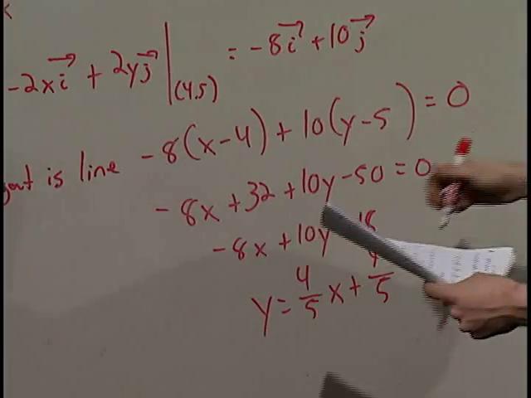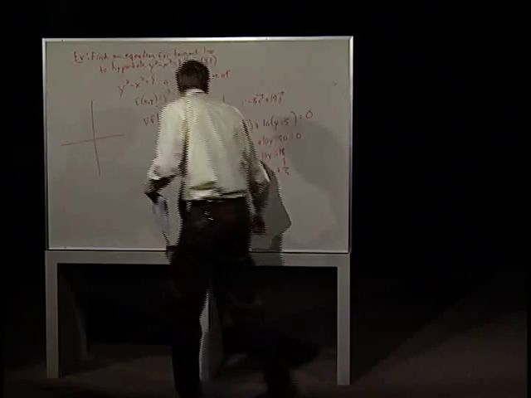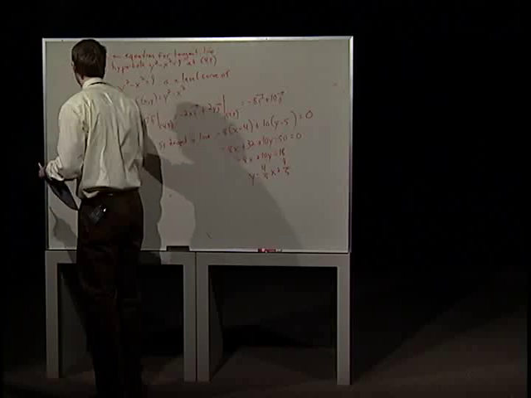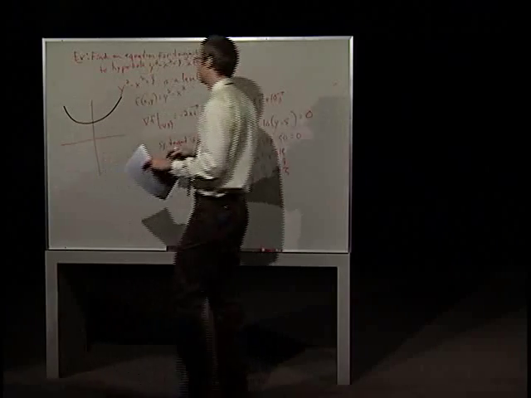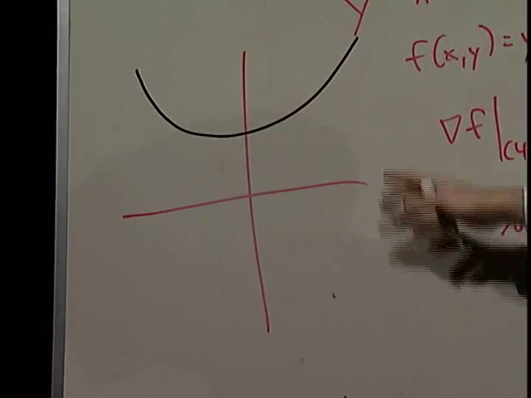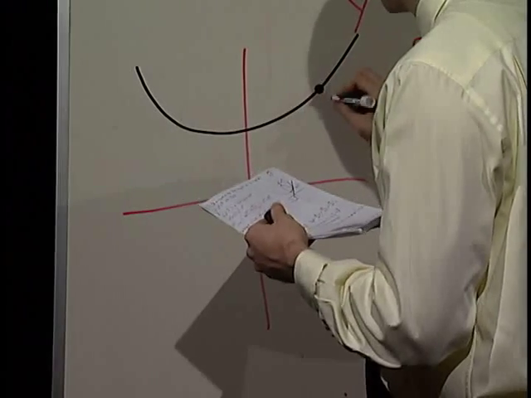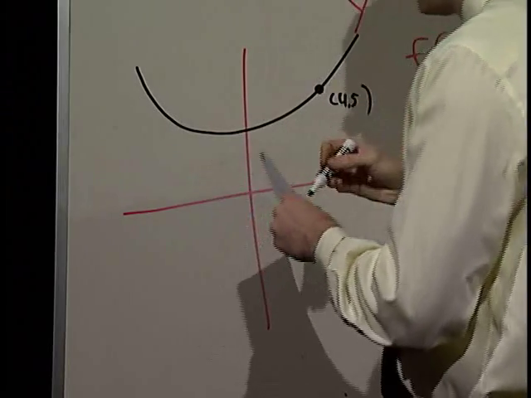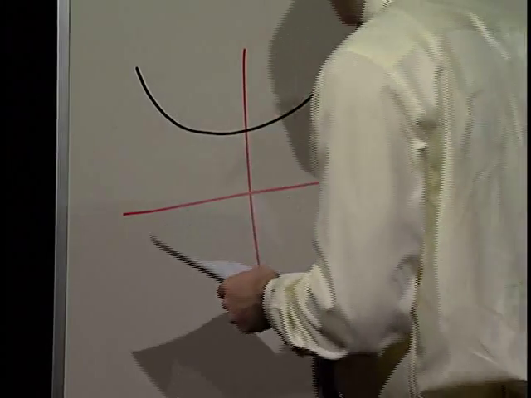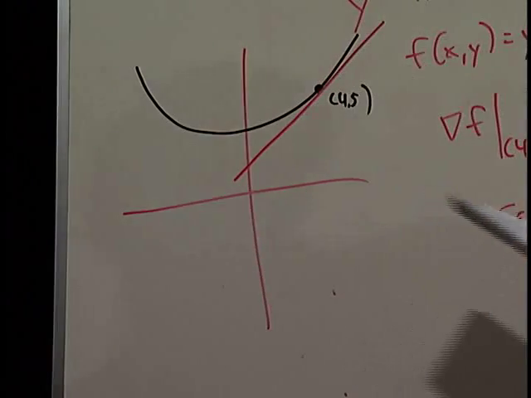Let me draw a picture. Let's draw it over here. Okay, so here's the hyperbola, or at least the part we care about. y squared minus x squared equals 9. It's down here too, but we don't care about that part. The point 4, 5 is maybe right there, right? So there's 4, 5. The tangent line to it is like that, right?